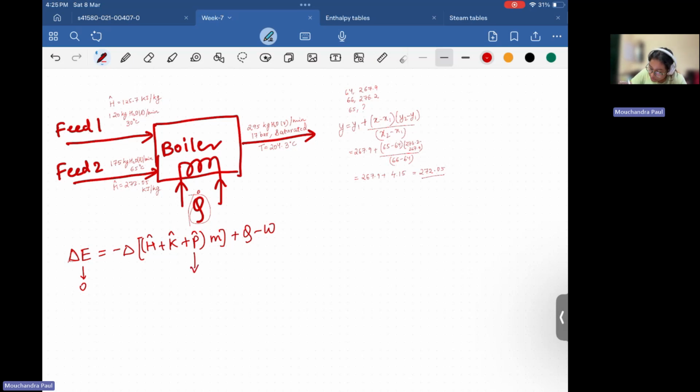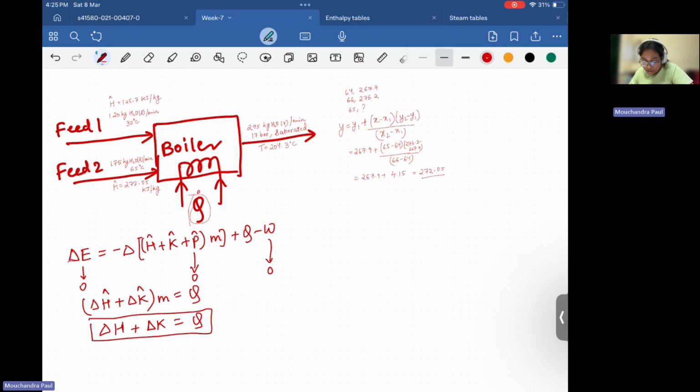There is no potential energy, so this will also be 0. There is no work done here. So we are then left with delta H cap plus delta K cap into mass goes to 0. So if you multiply with mass, they become delta H plus delta K equals 0. So if we calculate the values of delta H and delta K, we can get the value of Q.